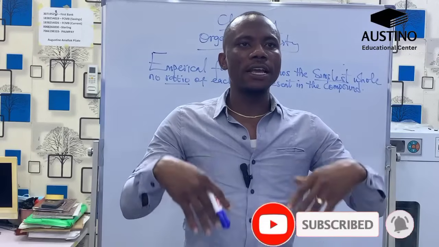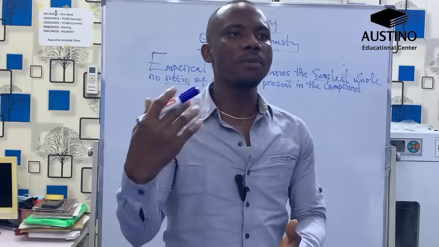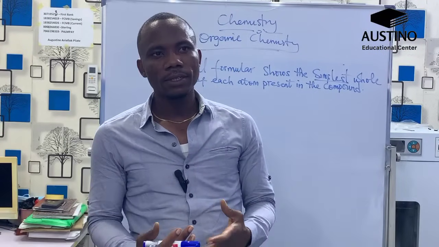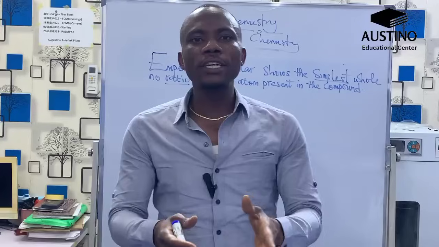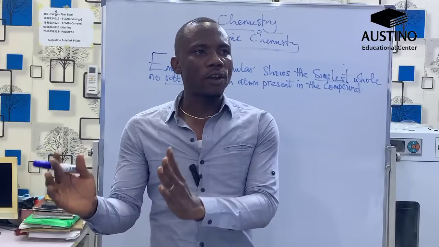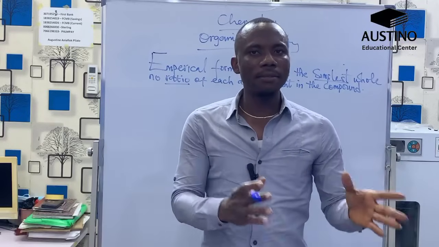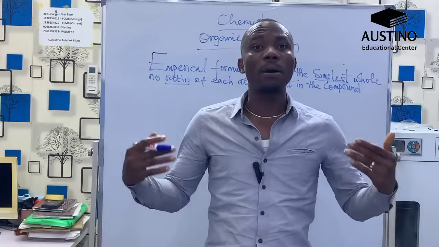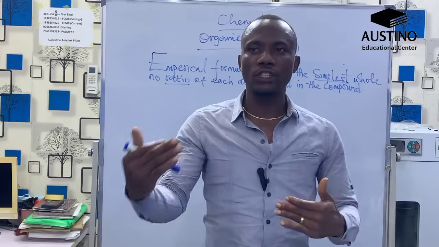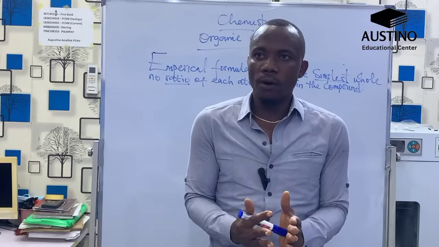If we have a certain organic compound, we can use the empirical formula to determine the percentage of each element present, because these elements come together to form the compound. And because these elements are coming together to form a compound, from our basic chemistry, they have a ratio at which they interact to make up the bond.